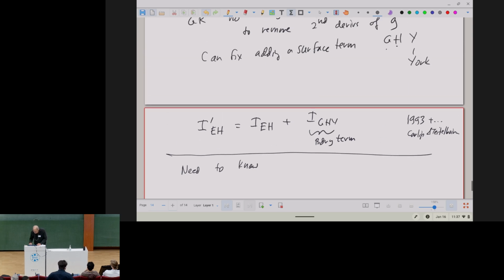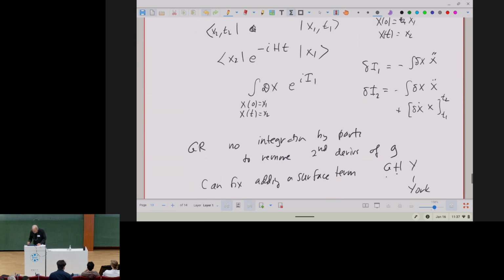Well, remember, what was good about I1 and not I2 is that when you vary I1, there was no boundary term in the equation of motion. And when you vary I2 instead, there was an unwanted boundary term in the variation. Something I should explain is that the Euclidean Schwarzschild solution doesn't have a boundary in the usual sense, but it's not compact.